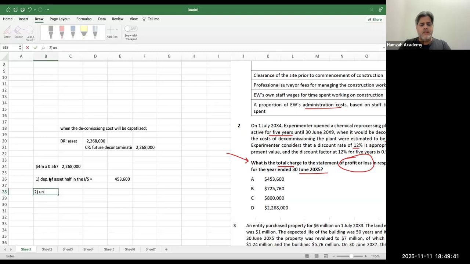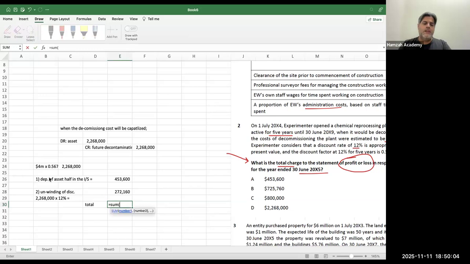Number two is the unwinding of discount over here as well, because we have to unwind this cost, and that is going to be 2268000 into 12% for the year. So that's going to be 2268123 into 0.12. So that's going to be 272,160.